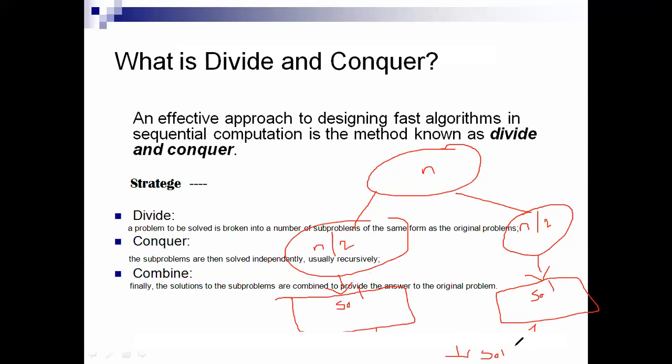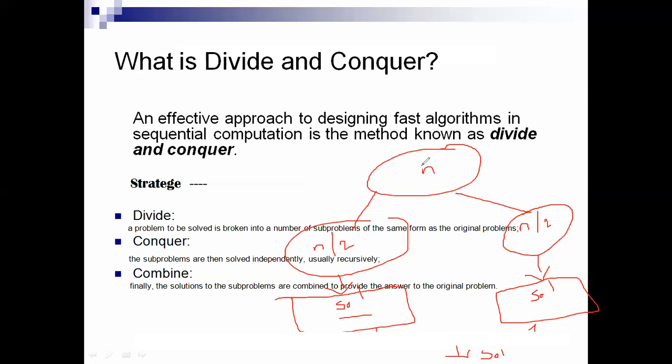So, to see the concept: first divide the problem into subparts of identically the same size. Then find the solution to each subproblem, then combine the two solutions, and that is the solution to the final problem.